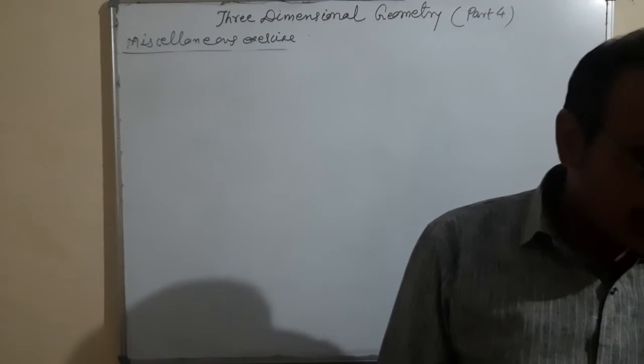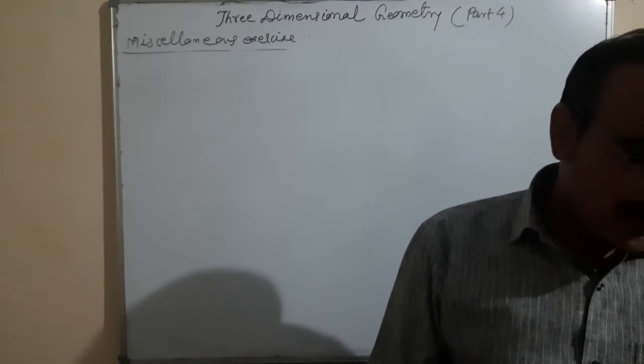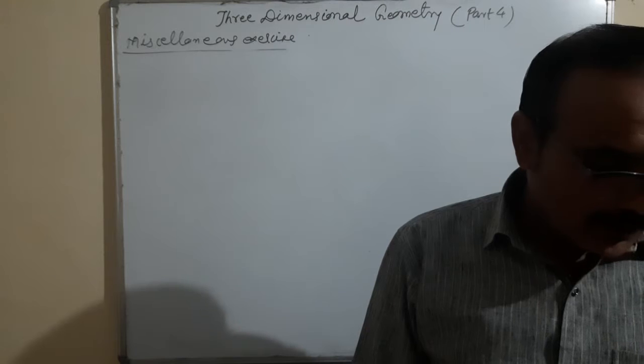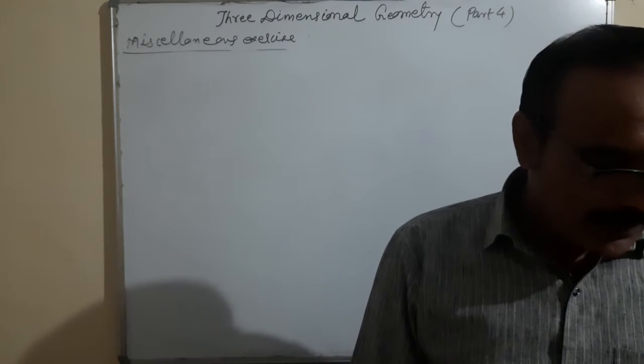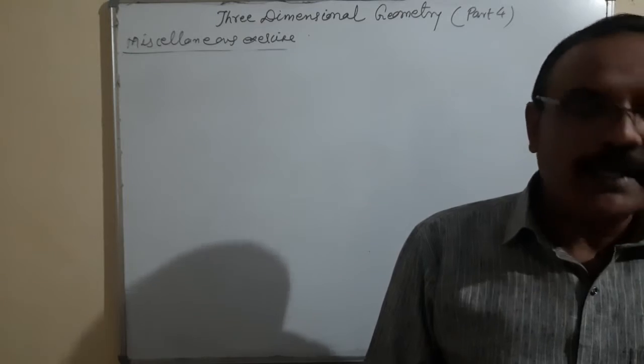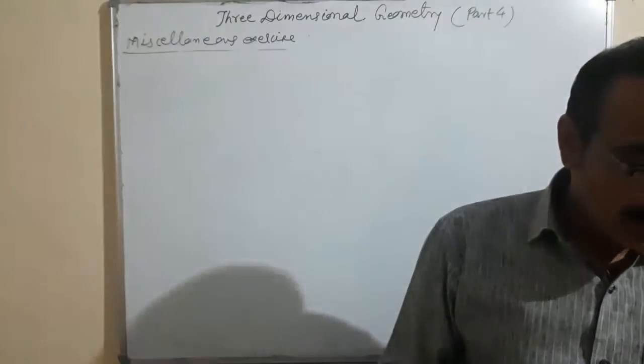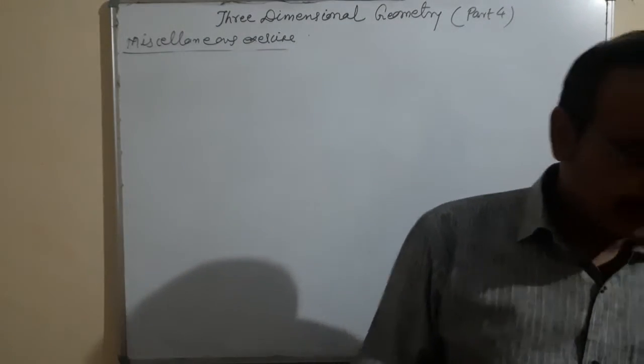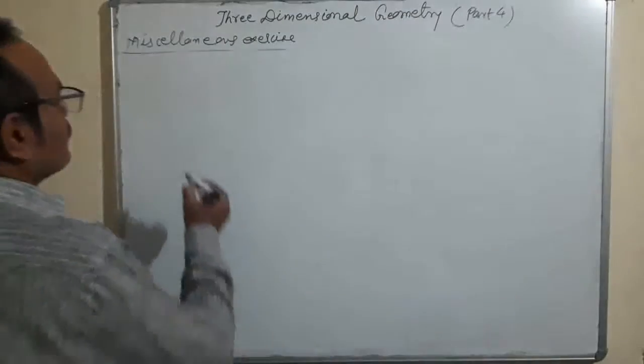Question number 5. If the coordinates of the points A, B, C, D are given, then find the angle between the lines AB and CD. Four coordinates are given.